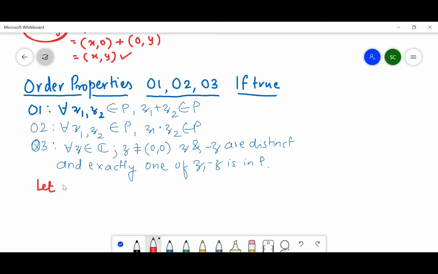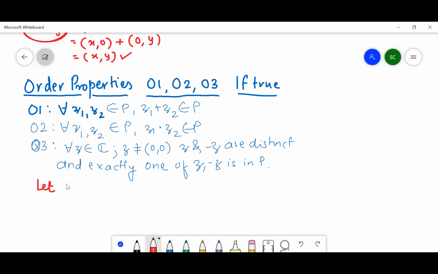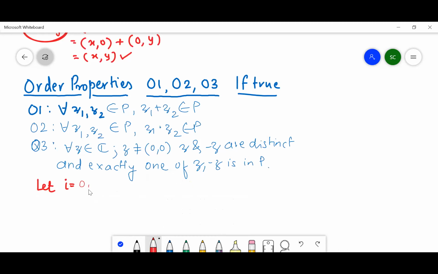Let i be equal to (0, 1), which is definitely not equal to (0, 0). Say it belongs to P, by O2, what will happen?